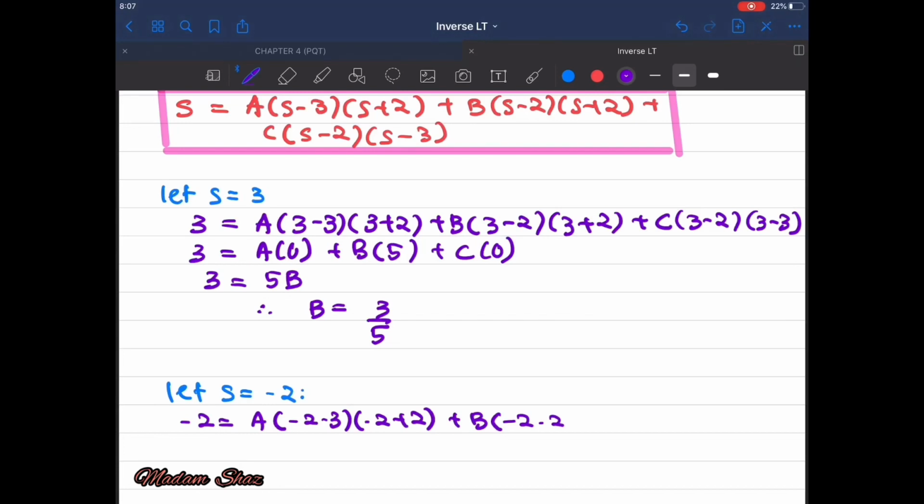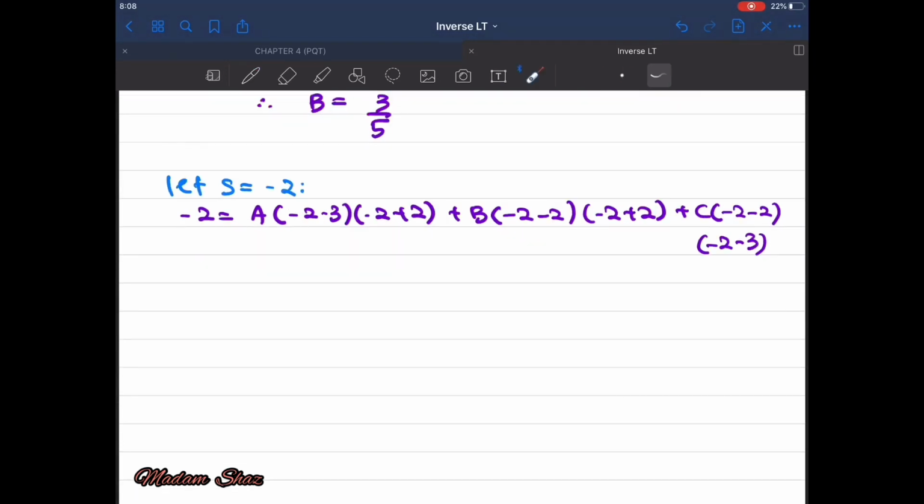Negative 2 minus 2, negative 2 plus 2. Plus C multiply S minus 2, S minus 3. Negative 2 minus 2, negative 2 minus 3. So now simplify.